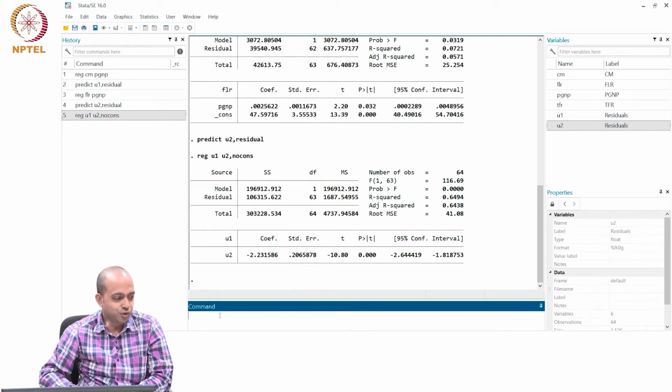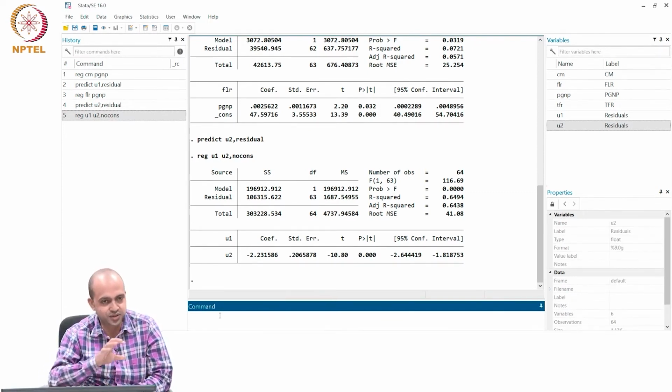So, this 2.231 is basically the net impact of FLR on child mortality rate. Since this is negative, we can say that female literacy rate and child mortality rate are negatively related, which is very true also.